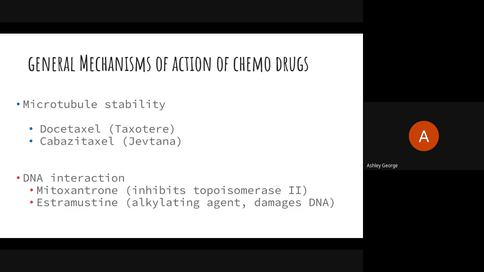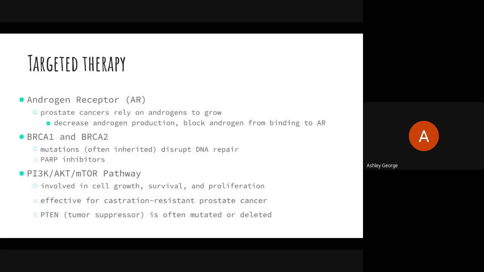It does also disrupt the microtubules by instead destabilizing them, versus the first two drugs I talked about focus more on stabilizing the microtubules, but this drug, the estramustine, actually destabilizes them, and it can cause cell cycle arrest. It halts the cell division in the mitosis phase, and it prevents cancer cells from continuing to grow and replicate. So those are the main chemotherapy drugs that are used.